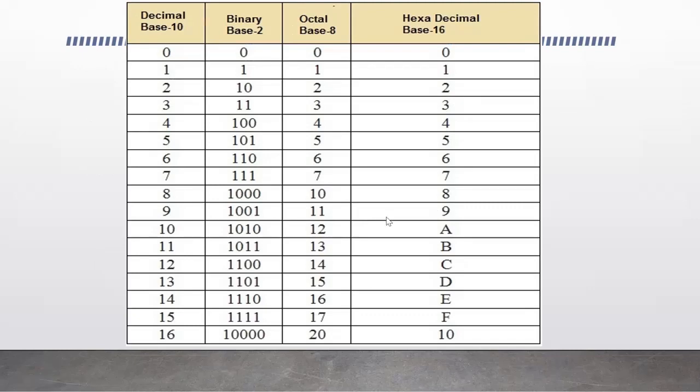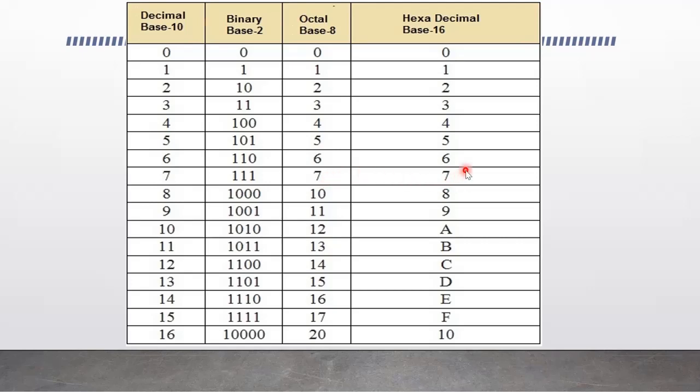This table shows the relationship among the different representations. Decimal has the numbers from 0 to 9, binary has the numbers 0 and 1, octal has the numbers 0 to 7, and hexadecimal has the numbers 0 to 9 and alphabets A to F. If you see this table, decimal number 7 is represented as 111 in binary, and 7 in octal and hexadecimal.